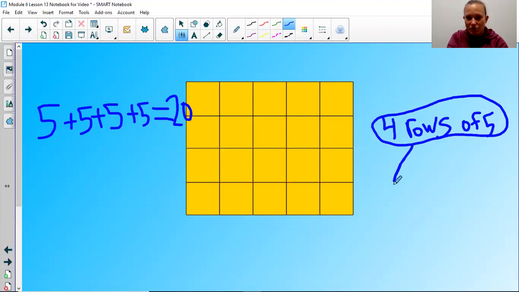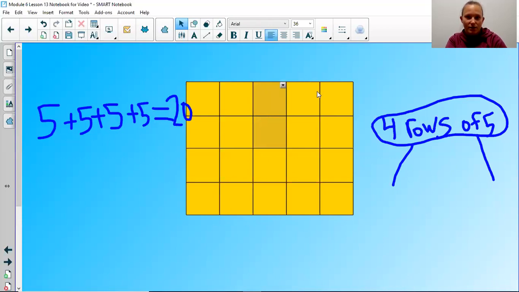So then we know each number bond is going to have parts, part, whole. So we're going to decompose this rectangle into 2 equal parts. Since we know that 10 plus 10 is 20, we can put 10 tiles on one side and 10 tiles on another side.